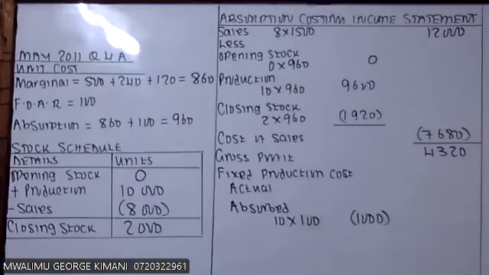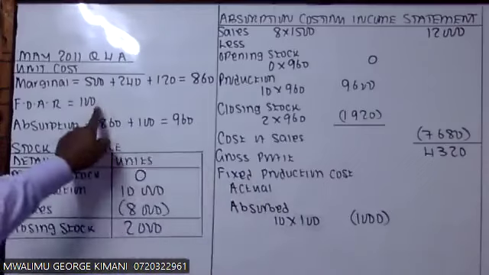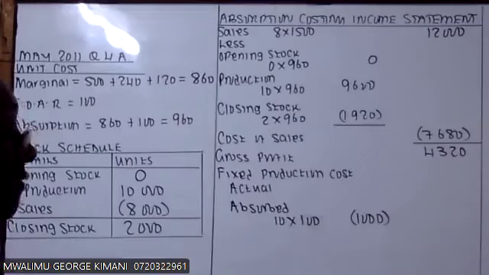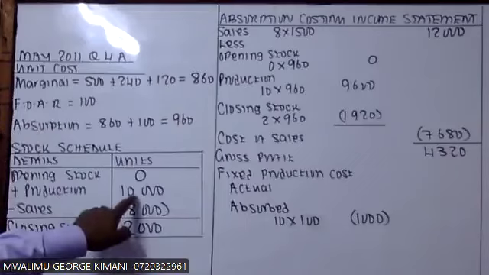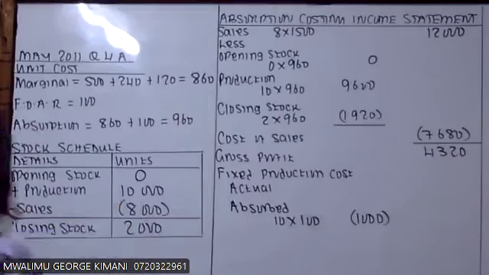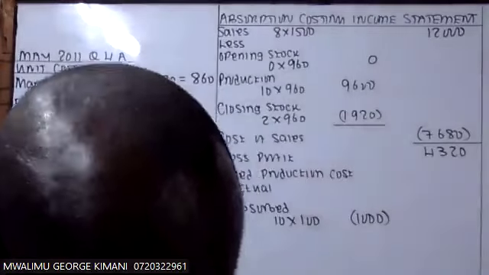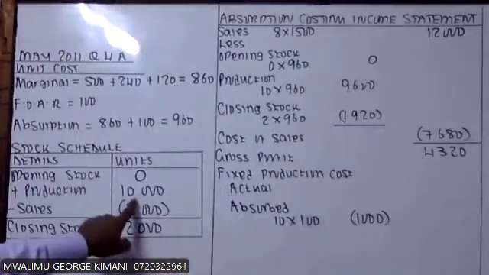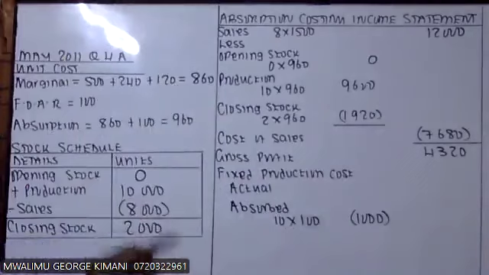This 10 is, remember the formula for the absorbed. The formula for the absorbed is the OAR times the actual value of the base. So the actual is the production, but it happens to be equal to the one for the budget. So this 10 is the one you're supposed to use there. Is that okay?